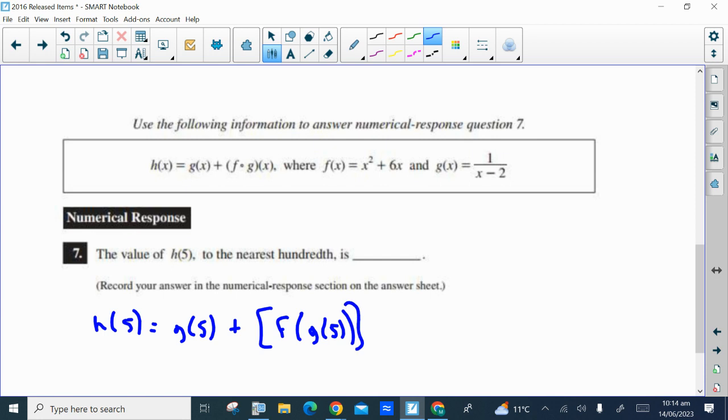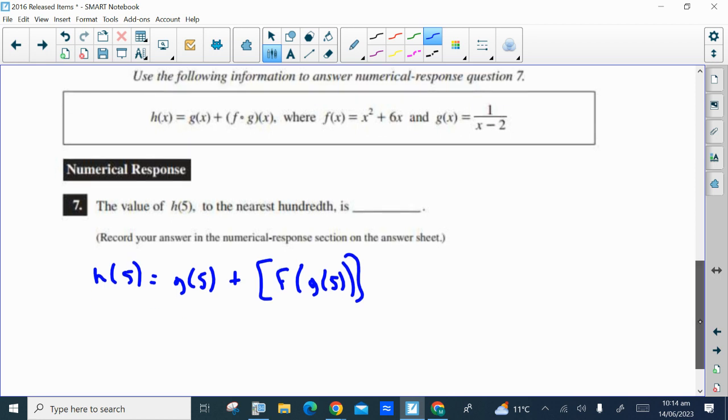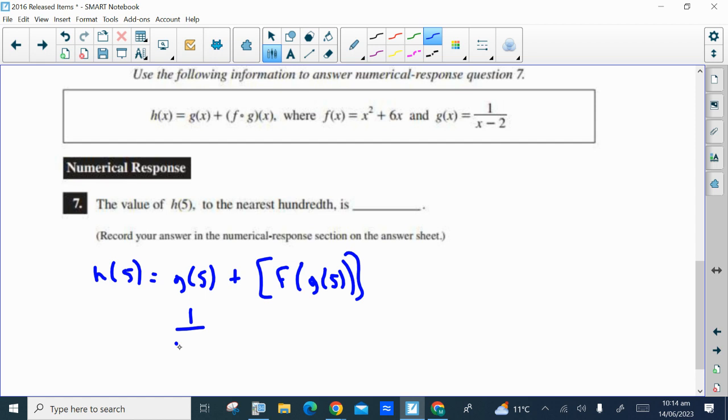Because the other part of h at x, you need to add f of g at x. So g at 5 would be 1 over 5 minus 2, or 1/3. So you're going to take 1/3 and add what f at 1/3 is. Because again, inside this embedded function, it's f at g at 5. We've just found that g at 5 is 1/3, so now you have to go 1/3 plus f at 1/3.